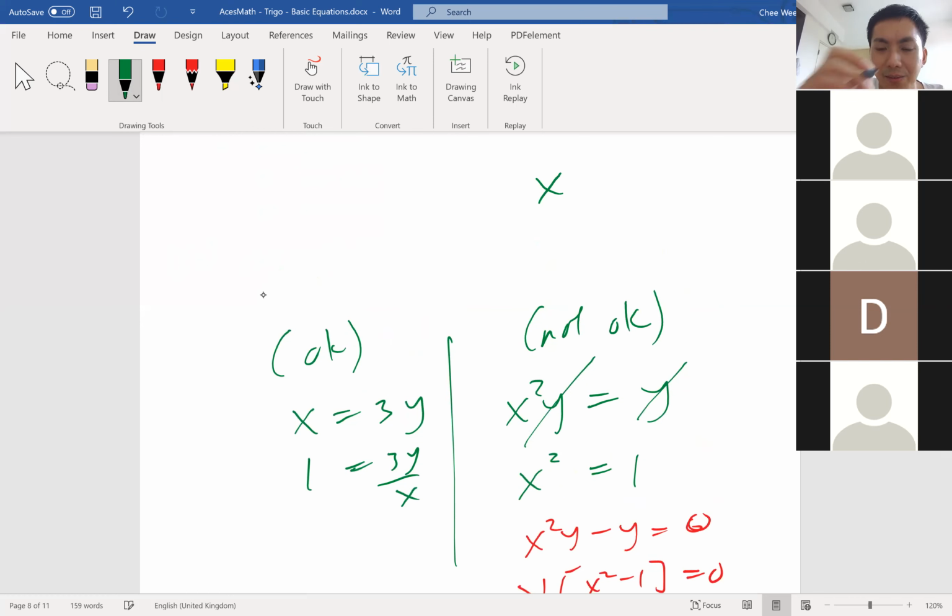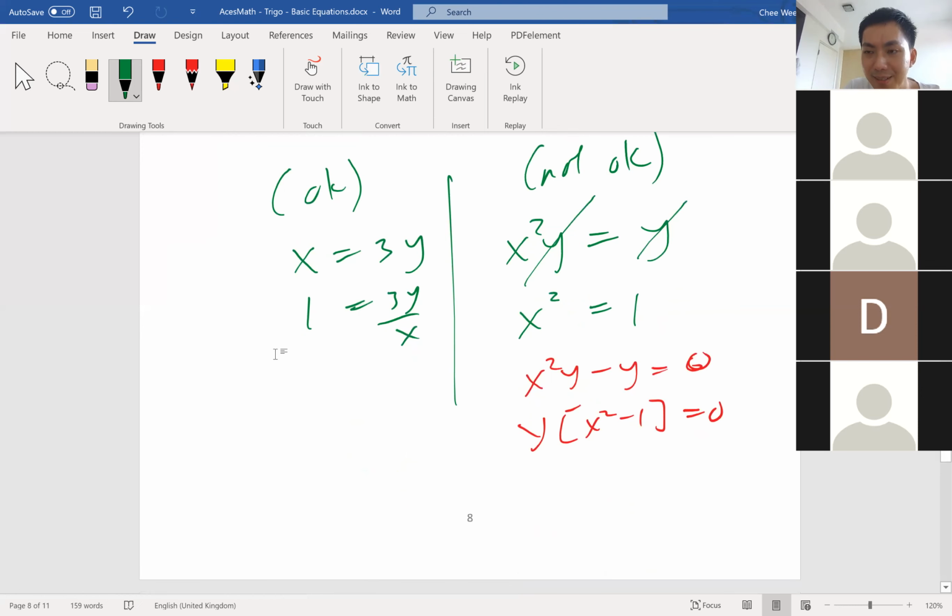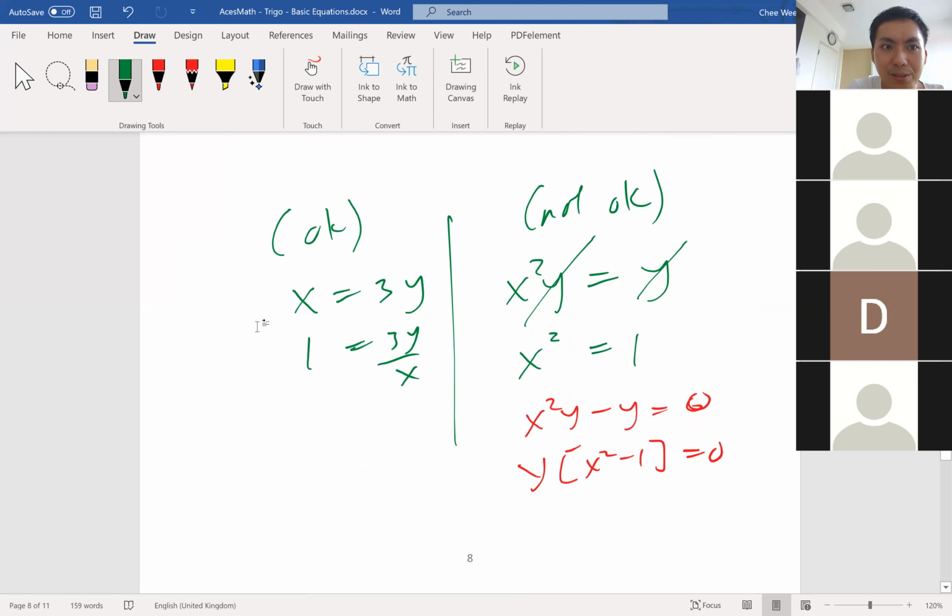So you get the same thing as the green one. Okay, but what's wrong with this? Because in this case, let's say y is equal to 0 or x squared minus 1 is equal to 0, right?